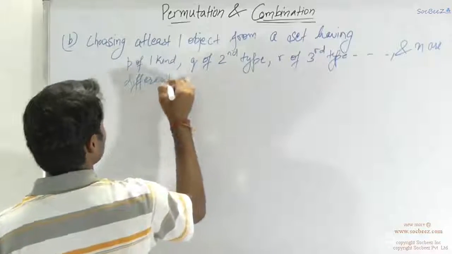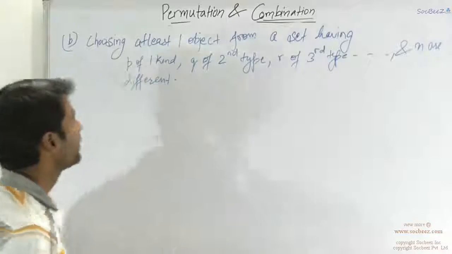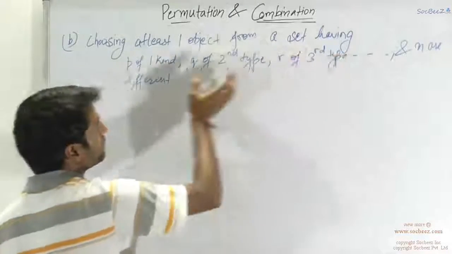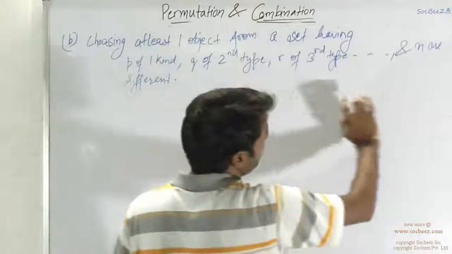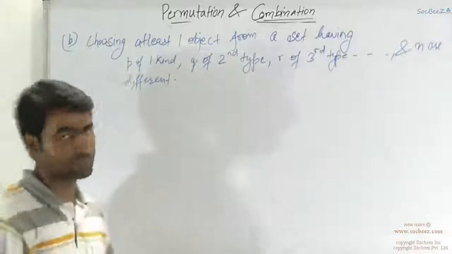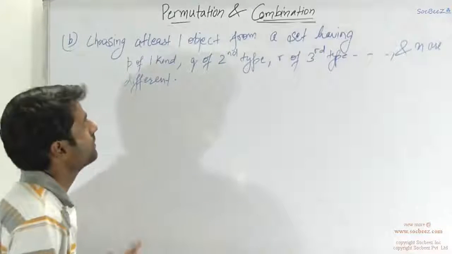Okay. You have some bunches of similar kind of objects, say P of first kind, Q of second kind, R of third type, and similarly like this. And in the last, you have N objects that are different as well. Okay, so you have to choose at least one object.